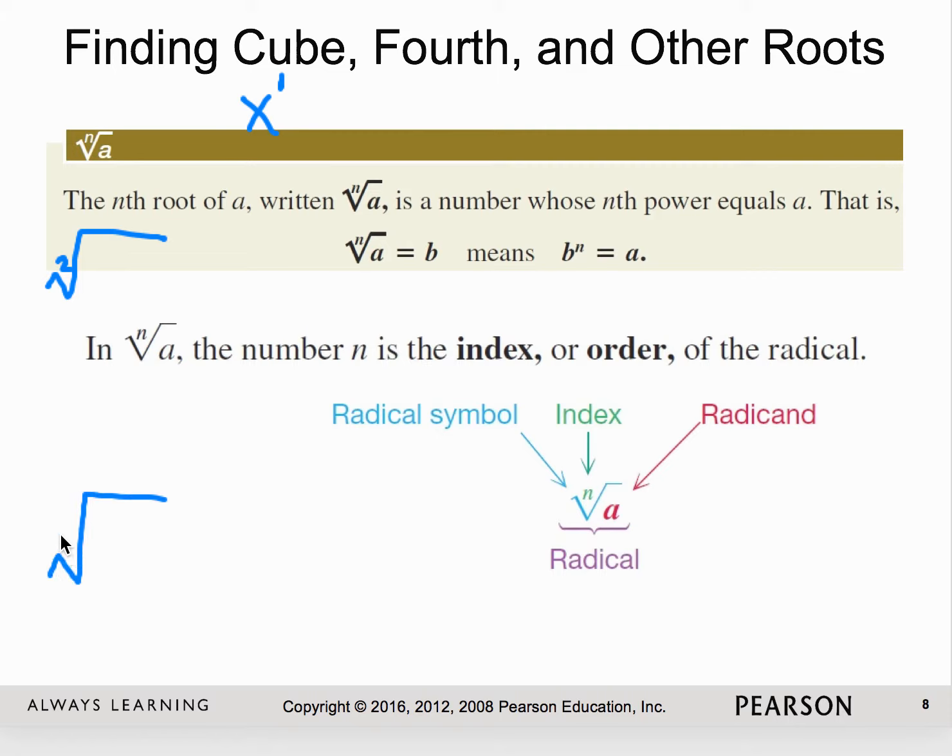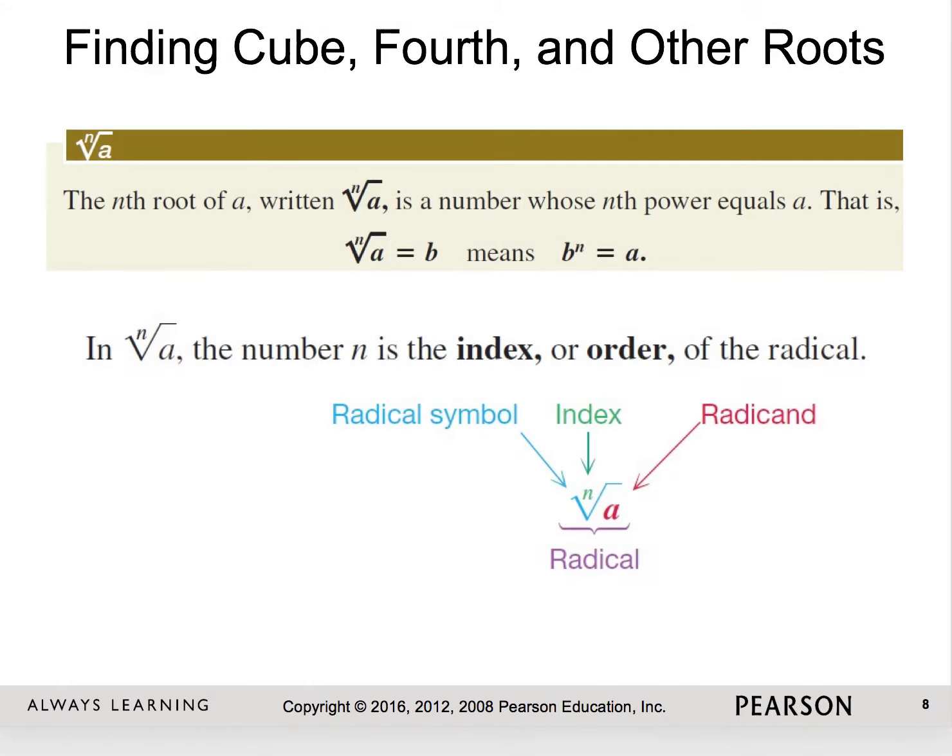For example, the cube root of 8 is 2, because 2 cubed is 8. So this just means I'm looking for a number that when I multiply it by itself 3 times, it'll give me 8. So 2 times 2 is 4 times 2 is 8.